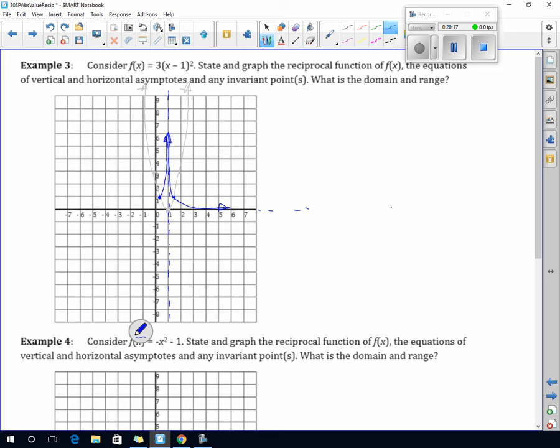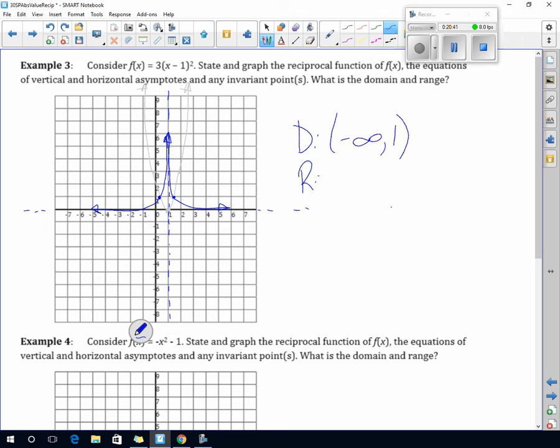So, what's my domain and range? What's my domain? Negative infinity to 1. Do I include 1? No. And then? Union. 1, 2, infinity. Okay.